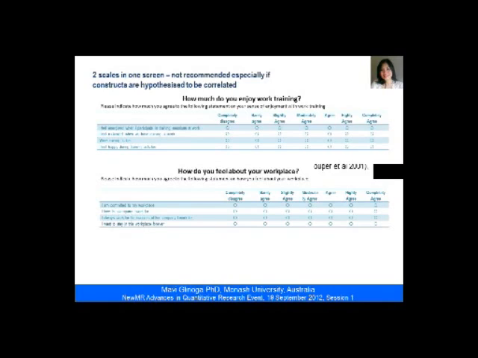So here we are showing the scales for both constructs on the same screen. What research has found is that if you do this, you're going to end up inflating the correlation between these two items, and you're not going to be representing the true relationship between them, because there's a high probability that the respondents are going to guess the relationship that you're trying to measure, and that drives the way that they respond.